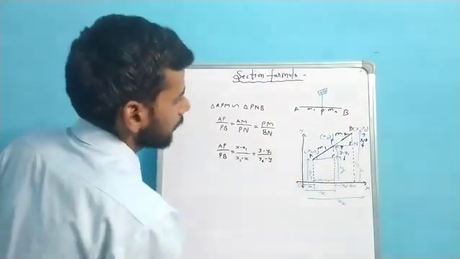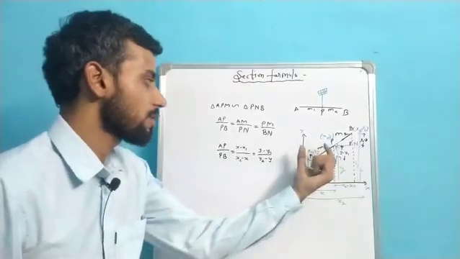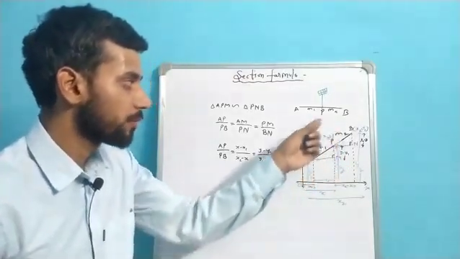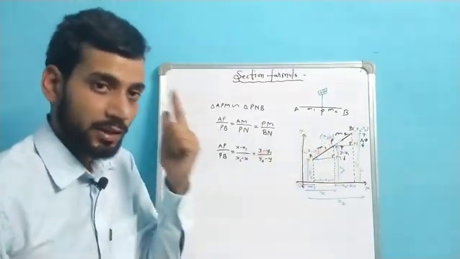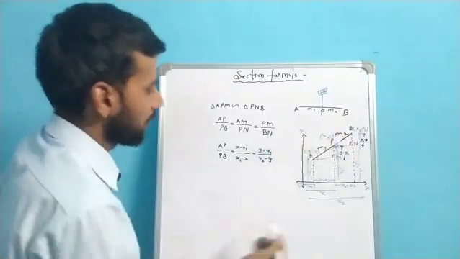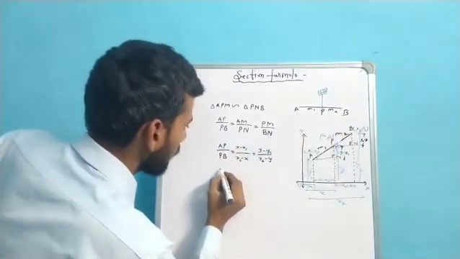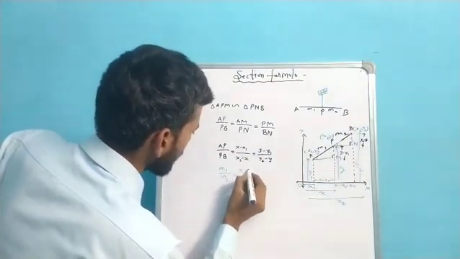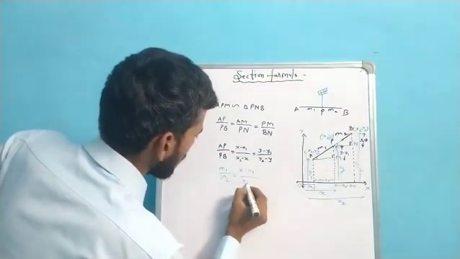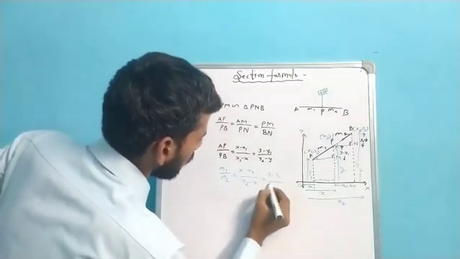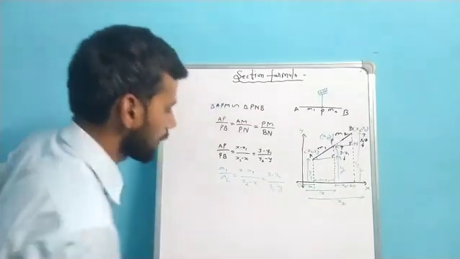We know the distance ratio of AP and PB becomes m1 upon m2. Basically m1 and m2 is the ratio of our distances from A to P and P to B. So AP upon PB becomes m1 upon m2, which equals x minus x1 upon x2 minus x, which equals y minus y1 upon y2 minus y.